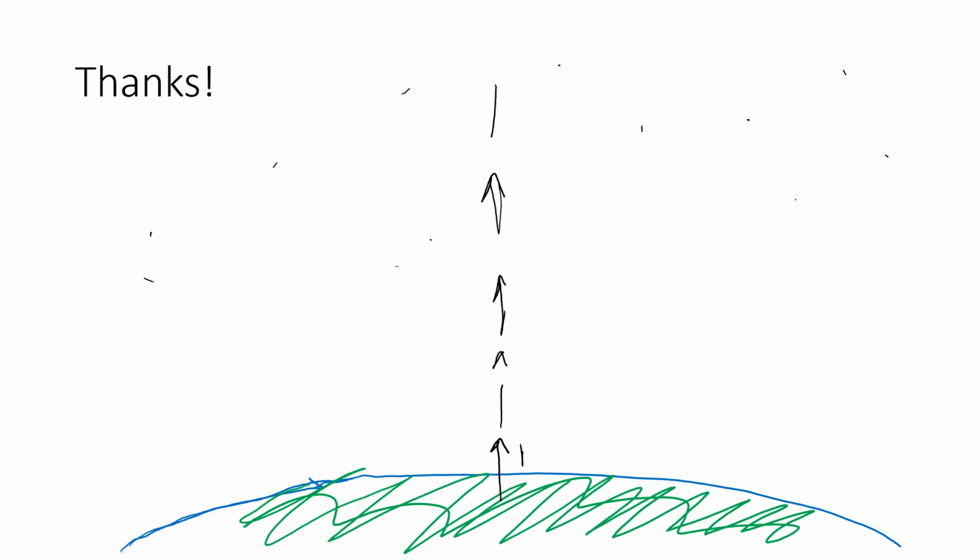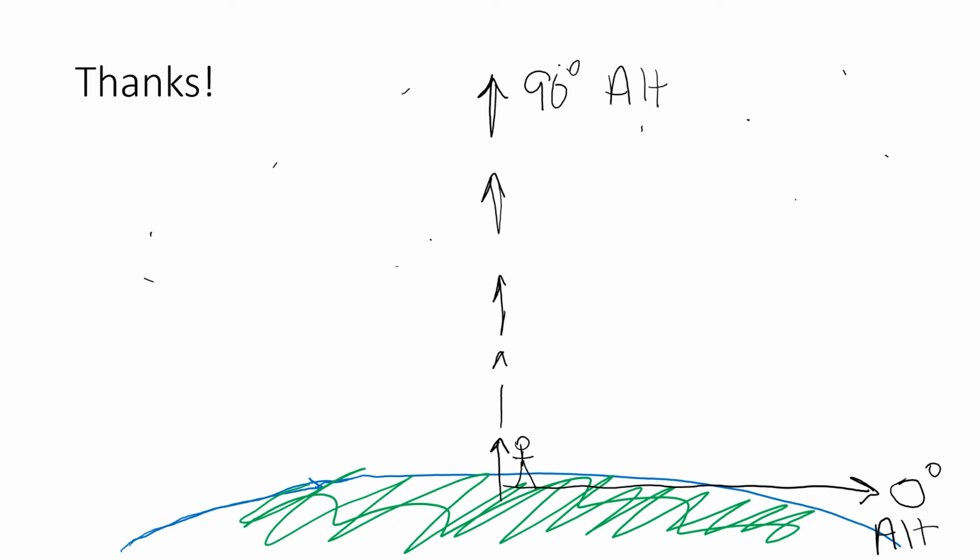Up would be 90 degrees. So here you are. You look to the horizon line, and that is an altitude of 0. You look directly overhead, it's an altitude of 90 degrees.